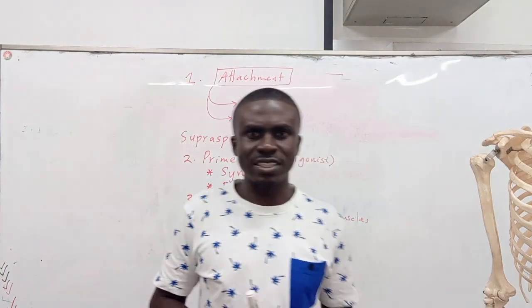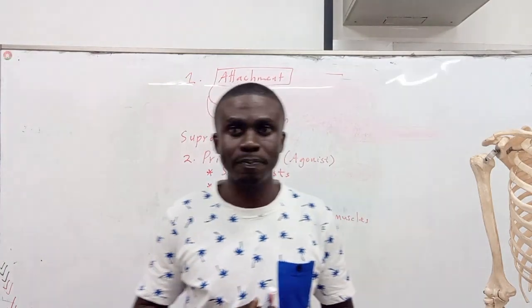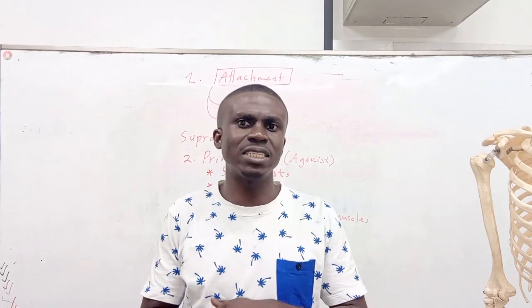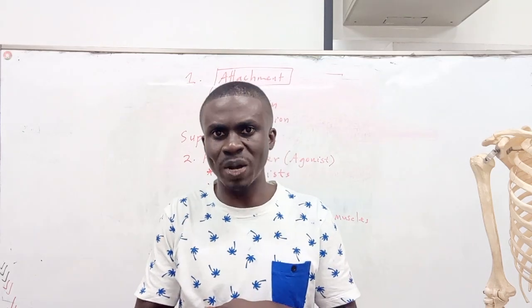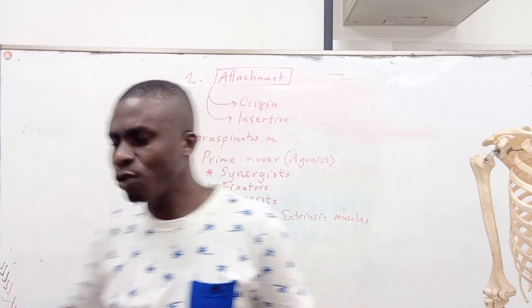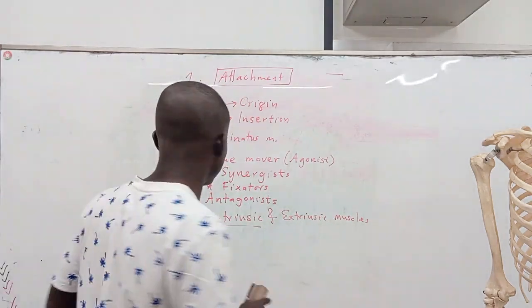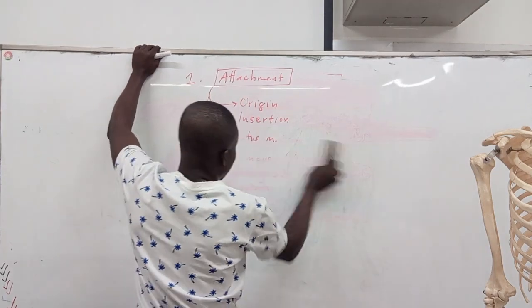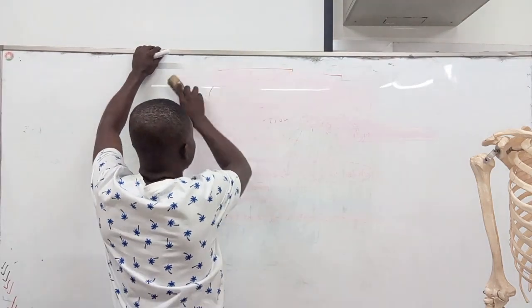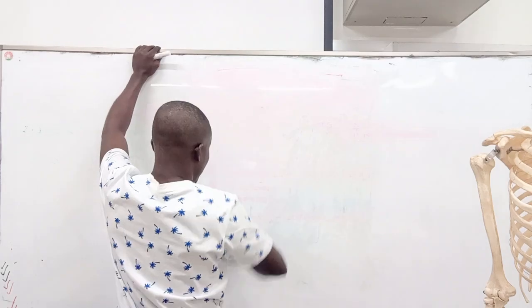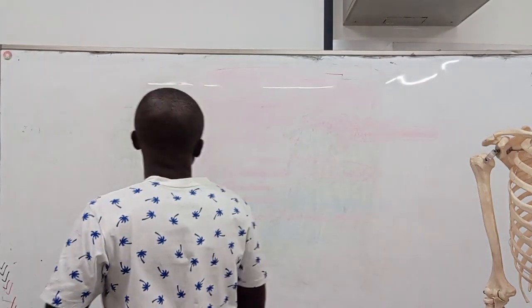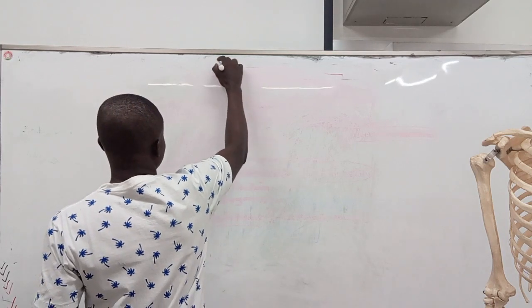Now, the next thing that I want to quickly review for you is the nomenclature of muscles. How do we name muscles? We want to see some important aspects, and then we will end with the types of skeletal muscle fibers for today's meeting.